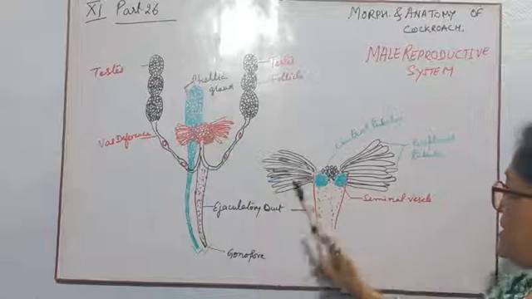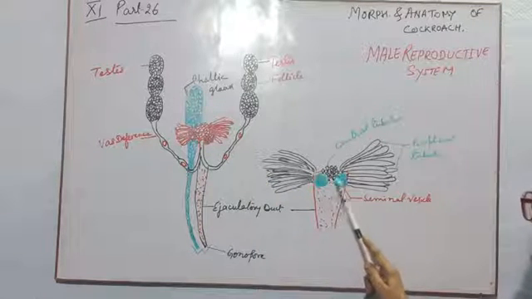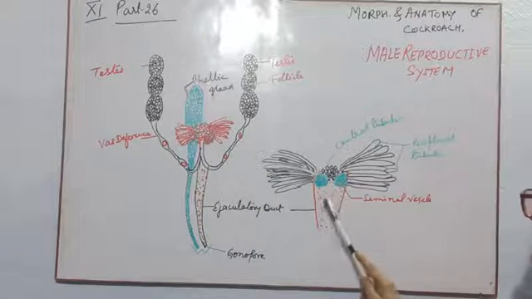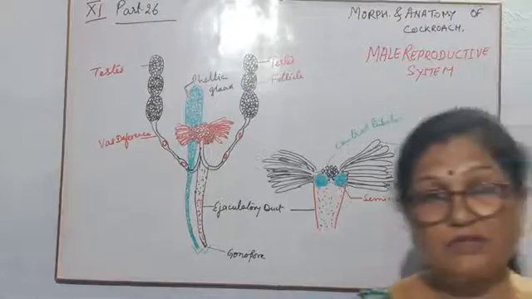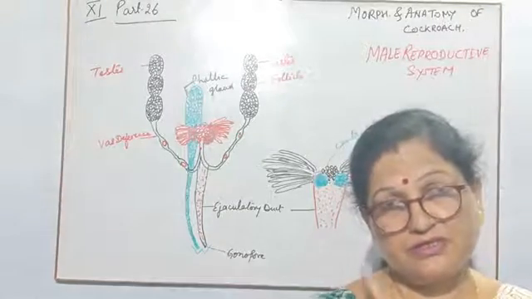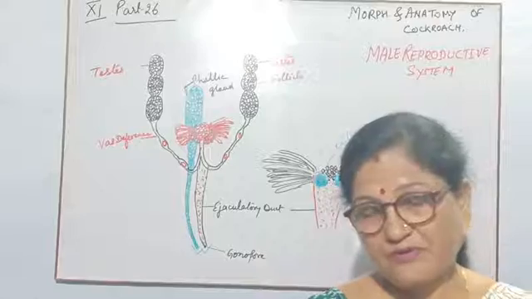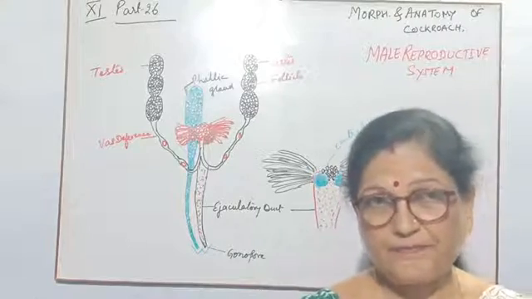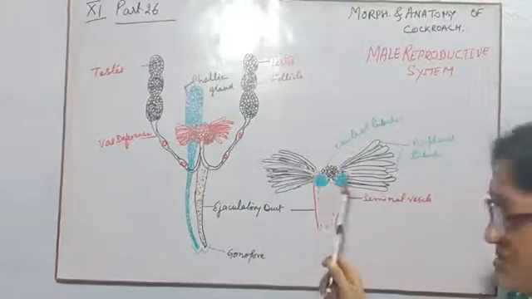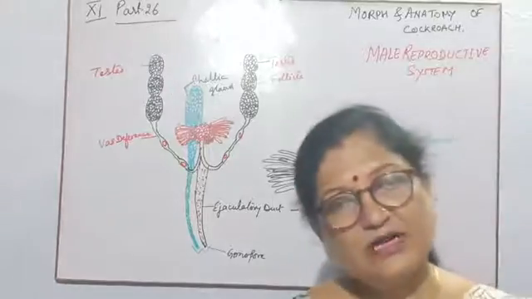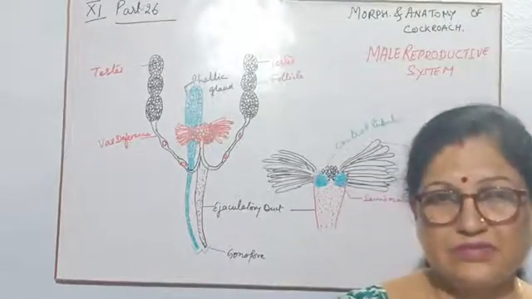Then beside it or beneath the central tubule, there are more bulbous structures. This is also a type of diverticula. They are called seminal vesicles.